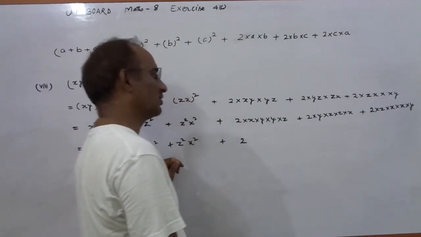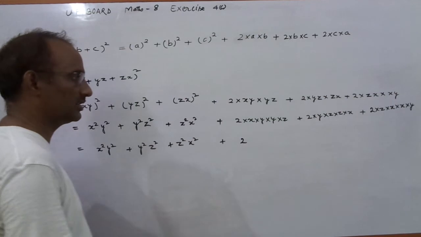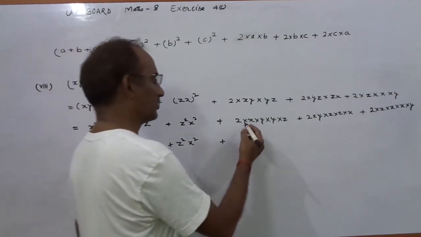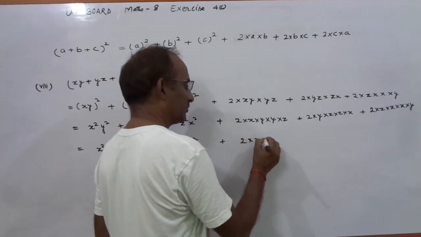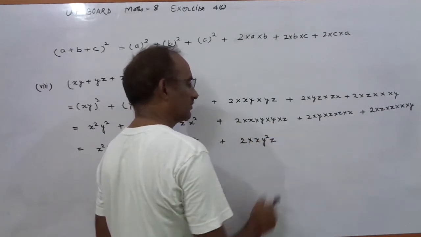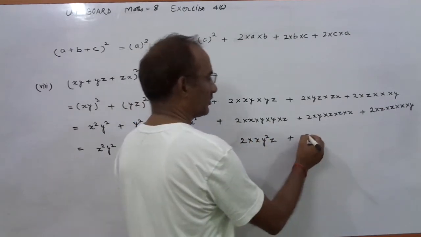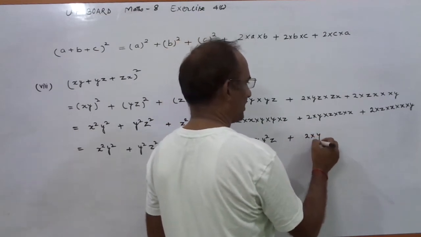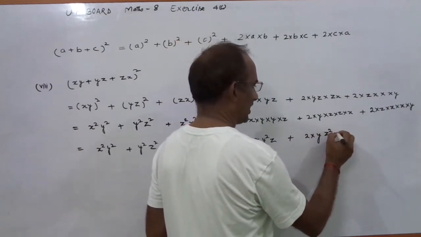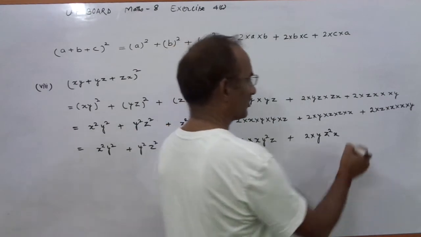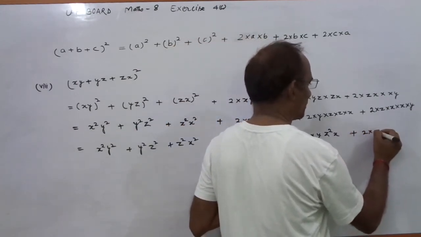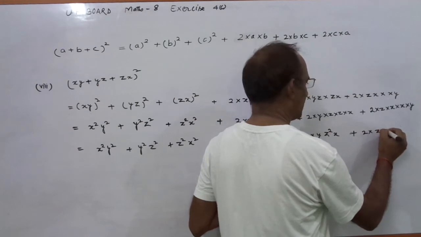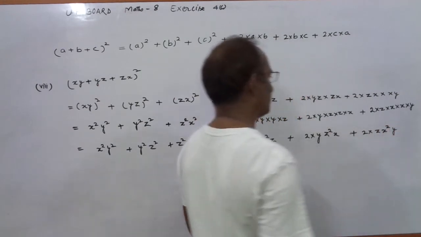The coefficient of x, y square and z is 2, so here we write 2 and then we write 2 into x, y power 2 and z, 2 into y, z power 2 and x, and plus 2 into z, x power 2 and y.